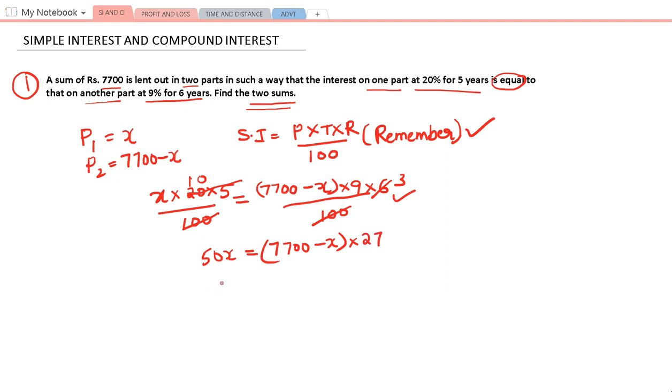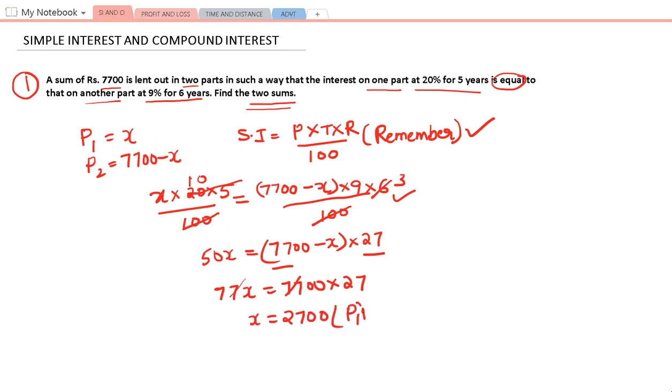Here don't multiply these things. Minus 27x comes this side, means 77x is equal to 7,700 into 27. So here you can cancel this 77 with this 77. So x will become 2,700.